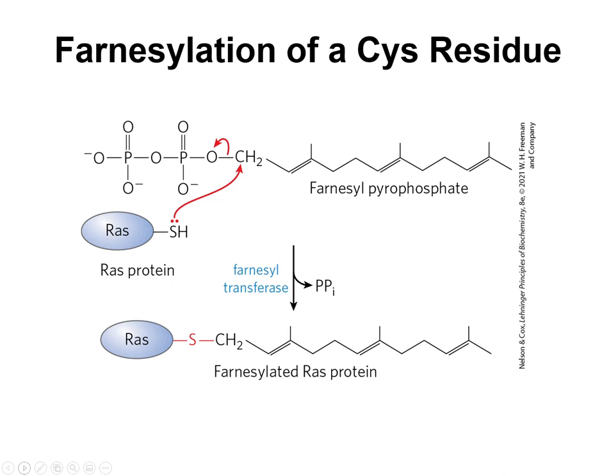The thiol is going to attack the carbon here, and you're going to replace that phosphate with this protein. That's catalyzed by farnesyltransferase. There are other transferases like geranyltransferase that transfer a geranylgeranyl pyrophosphate to a protein as well.